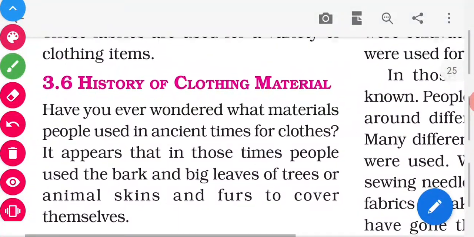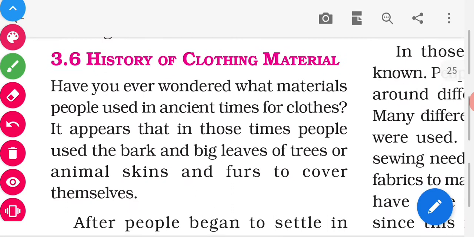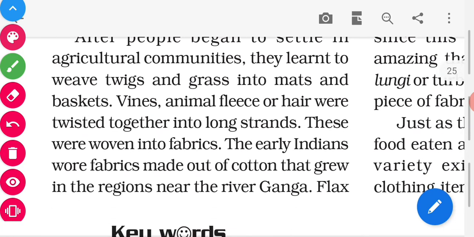Now the history of clothing material. During the ancient times, as we know, humans did not have the knowledge of cloth, so they used to wear leaves or barks, or animal furs to protect themselves. And when they started settling, then they got some knowledge.